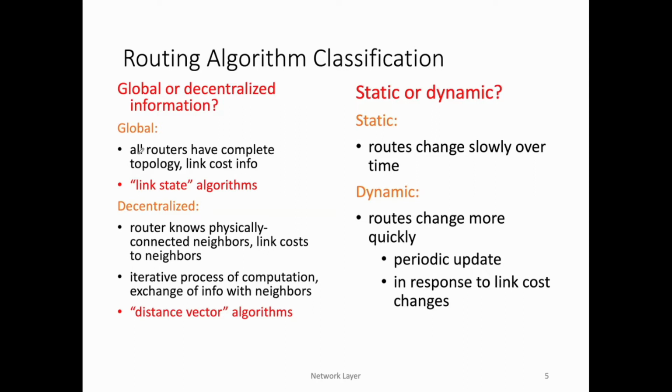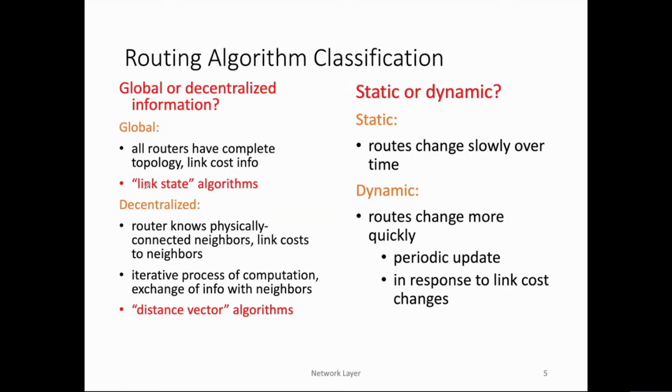It means router A will have all the information to reach all the other routers in a topology, in an arrangement. So the class of algorithms that belong to this category are known as link state algorithms.